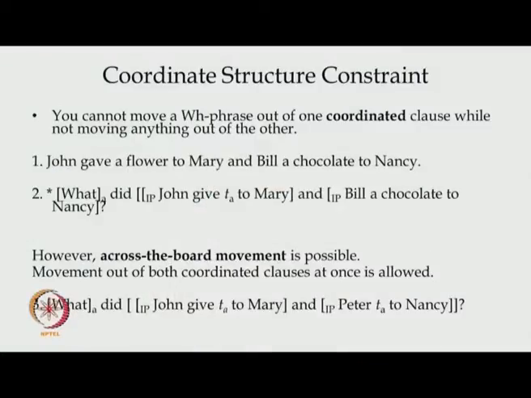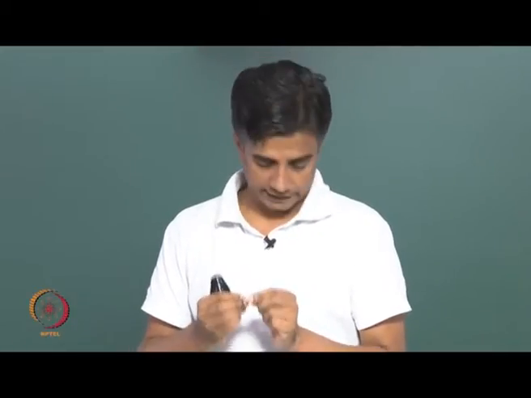Okay? Basically it's like two sentences coordinated with and. The sentences are John gave a flower to Mary and Bill gave a chocolate to Nancy. These are the two sentences. When we coordinate the two, because the verb is the same in both sentences, we take the verb and put the coordinated sentences without the verb.